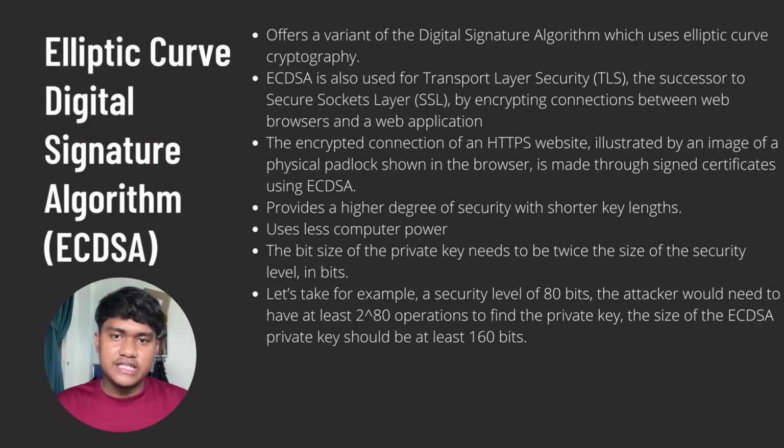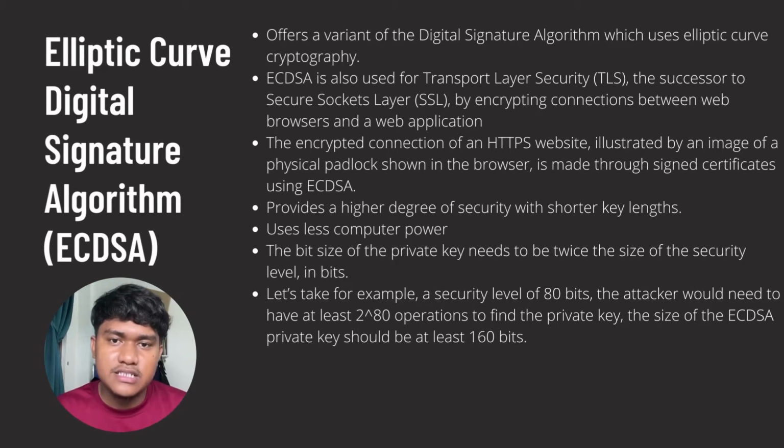The encrypted connection of an HTTPS website, illustrated by an image of a physical padlock shown in the browser, is made of certificates using ECDSA. It provides a higher degree of security with shorter key length and uses less computing power.